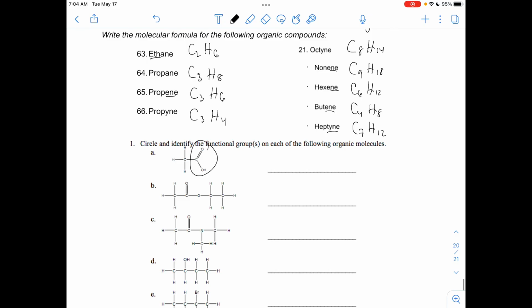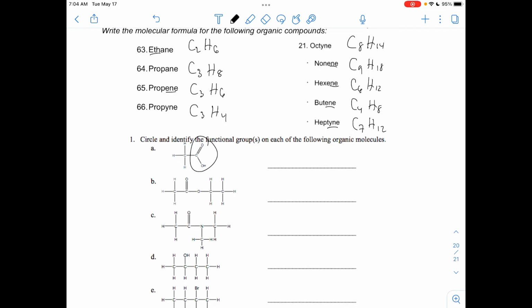Okay, functional groups. It's not going to be as hard as this review. It's going to be multiple choice, so you just have to select the best option for the final exam. But I'm going to go over these real briefly, so you have an answer key. This is an alcohol with a crown, so it's a carboxylic acid.